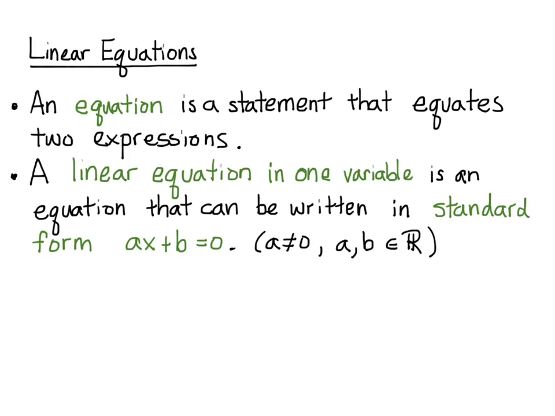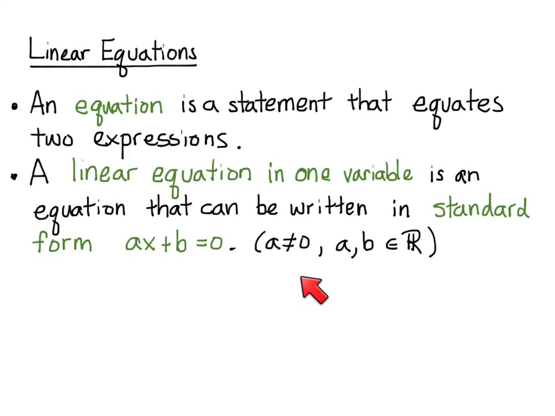So what we're going to talk about here is a linear equation in one variable. It seems like a little obscure definition here. We're going to say it's any equation that we can write in the standard form of ax plus b equals 0, where a doesn't equal 0.